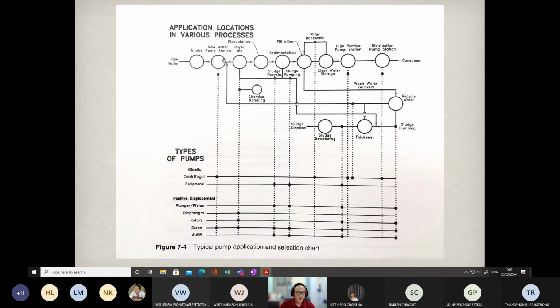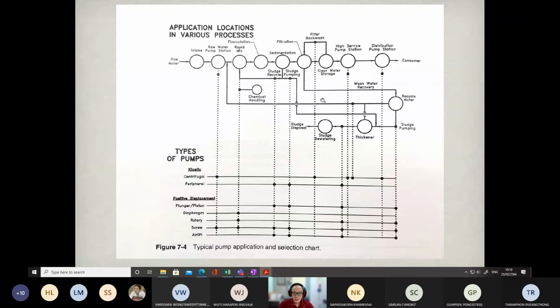For example, for the raw water pumping stations, we can use centrifugal pumps. But for chemical handling, at chemical stations, mostly we use diaphragm pumps, or sometimes screw pumps or rotary pumps. So mostly we use positive displacement pumps for small volume liquid transportation.